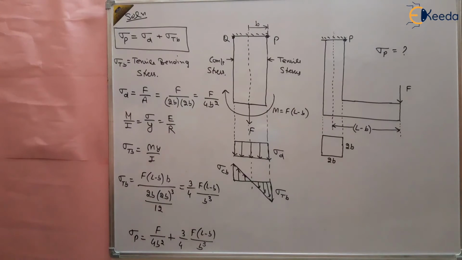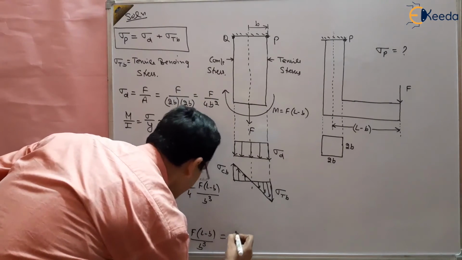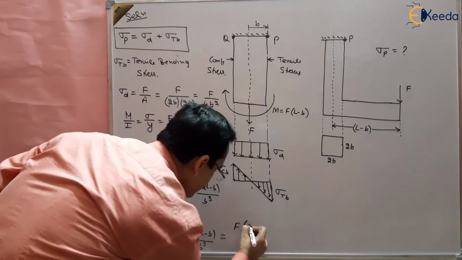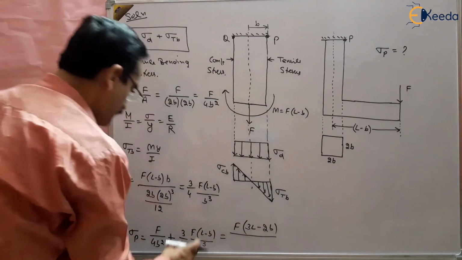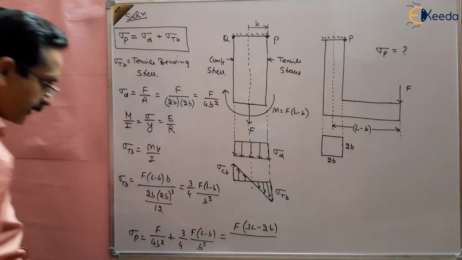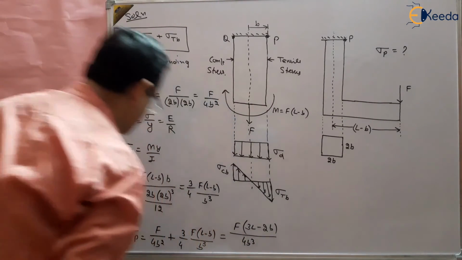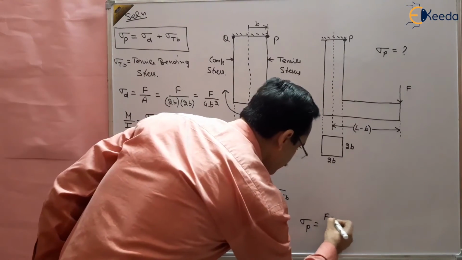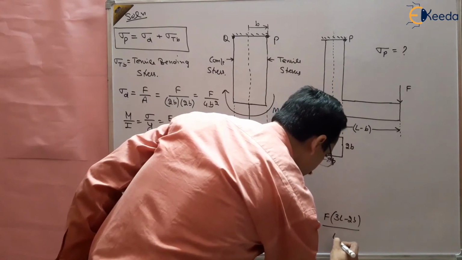Solve it and you will get the answer. After solving, taking F common, you will get F(3L minus 2b) divided by 4b cube.